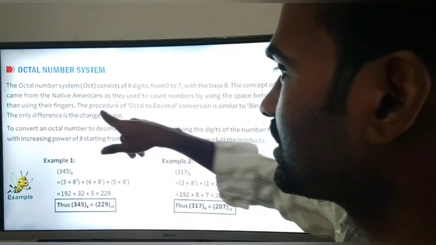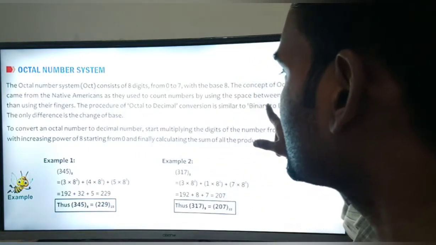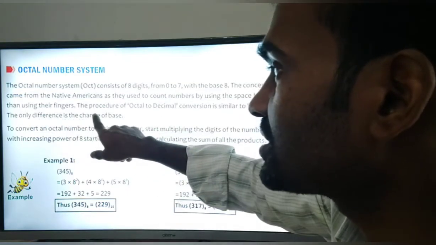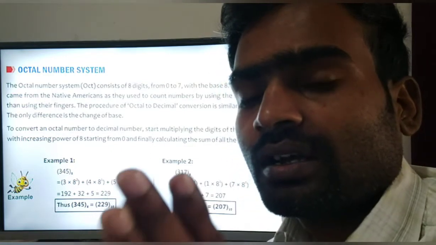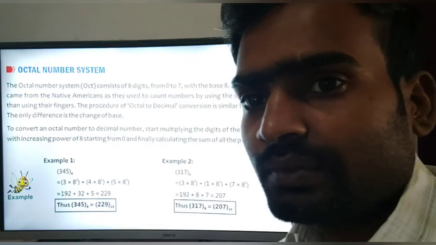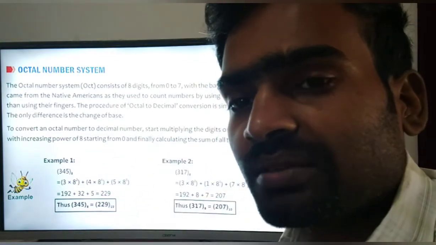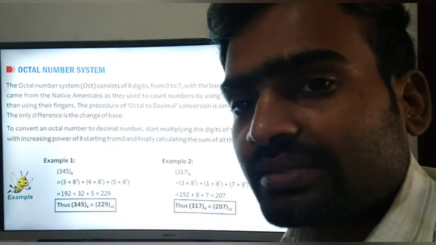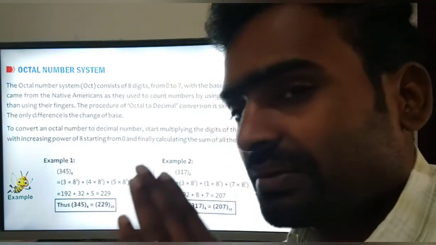Clear? The procedure of octal to decimal conversion is similar to binary to decimal conversion. The only difference is that we change the base. Since we have learned the binary to decimal conversion, the same method we will follow here, but only the base is different. For binary to decimal we were using base 2, and here we are going to use base 8.